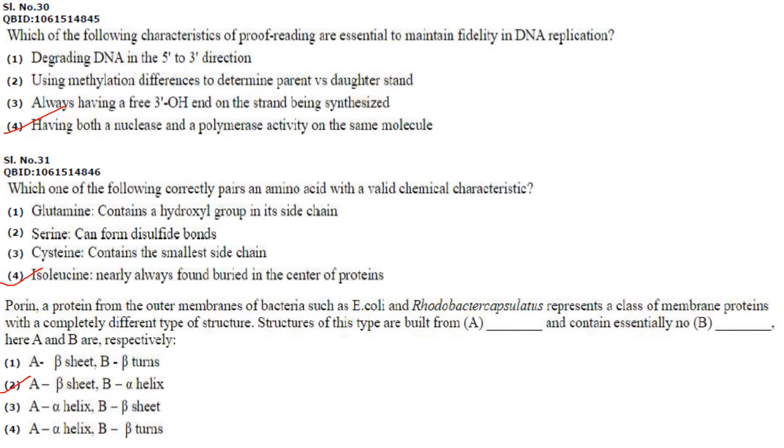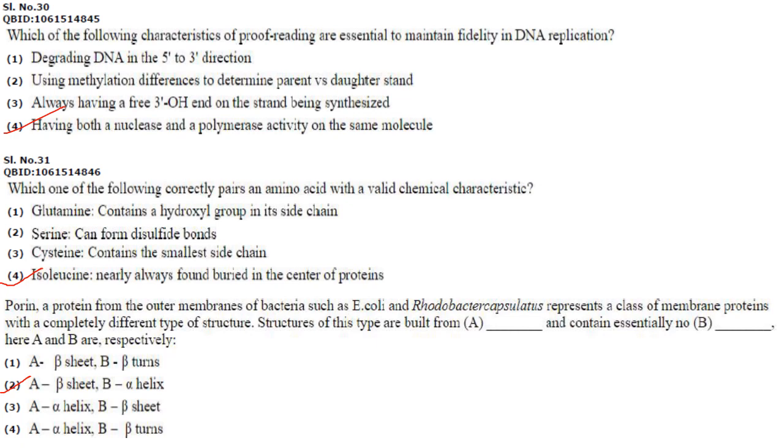Then next one. Which of the following characteristics of proofreading are essential to maintain fidelity in DNA replication? Degrading DNA in the 5' to 3' direction? No. Using methylation differences to determine parent versus daughter strand? That takes place in mismatch repair after DNA replication.